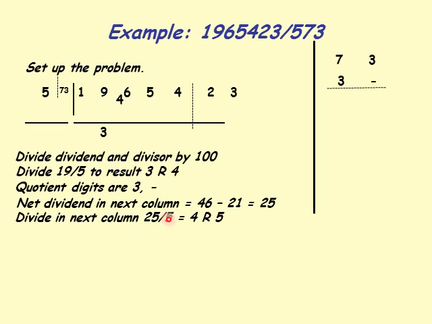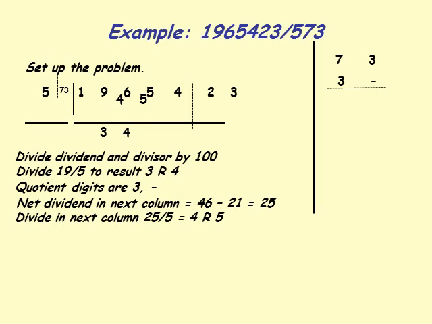So 25 divided by 5, we use 4, remainder 5. That's the same reasoning: if I use 5 remainder 0, I would be getting a negative in the next column. So 4 remainder 5, and that's what we call altered remainders. Let's continue here. Now we have 2 digits, 3 and 4, in the quotient digit position, the most recent 2 quotient digits.